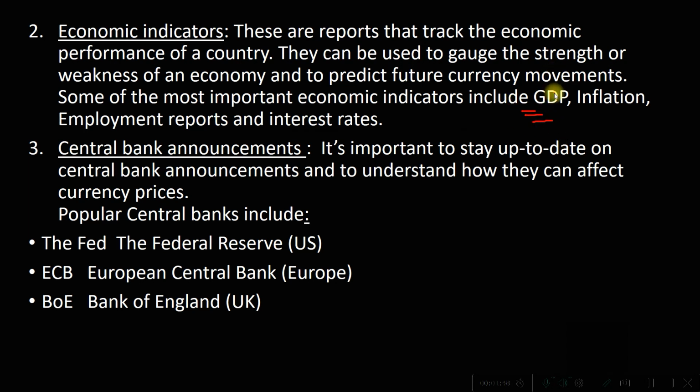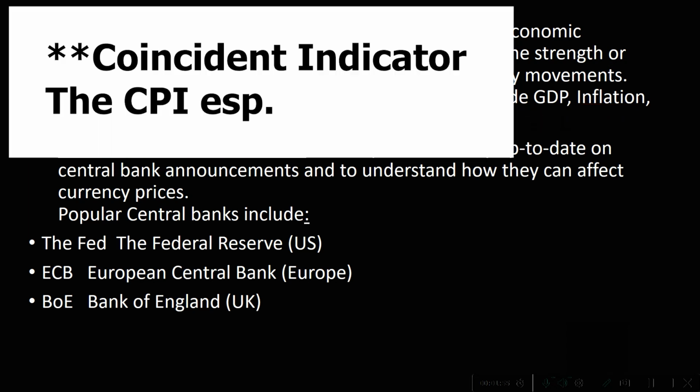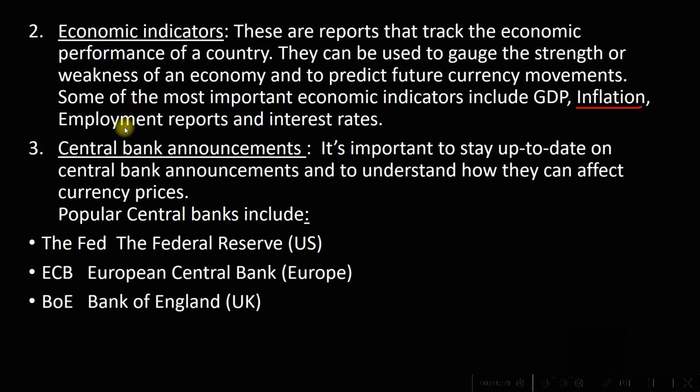It's a very lagging indicator, but inflation is the standard indicator of how the economy is doing. The employment and unemployment reports, these are other lagging indicators. Interest rates leading. The GDP is the most lagging, inflation moderate, employment reports also lagging, interest rates are leading.